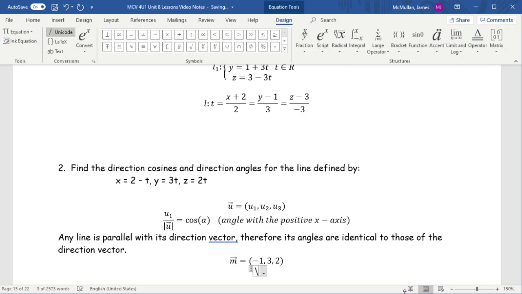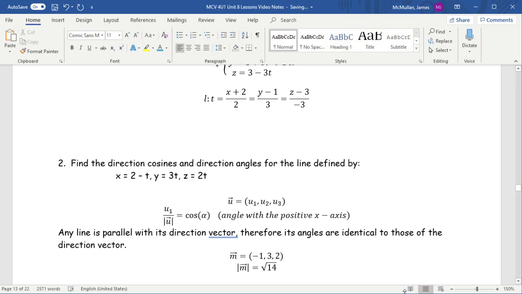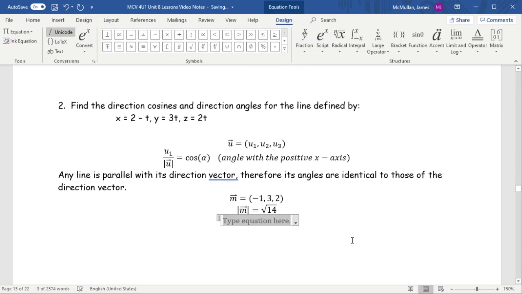The magnitude of this would be root 14, because 1 plus 9 plus 4. And so the direction cosines: cos alpha is equal to -1 over square root 14.